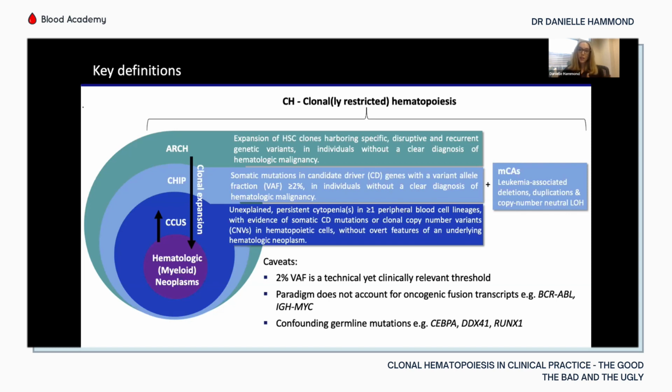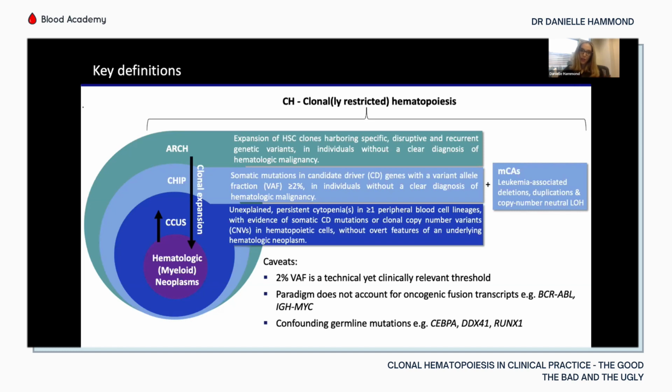Now this 2% variant allele frequency cutoff was originally a technically derived definition. Its origin was that, at the time, for error-corrected next-generation sequencing, this was the limit of fidelity. But fortuitously, it has since been discovered that this VAF cutoff of 2% is also likely a clinically relevant cutoff.